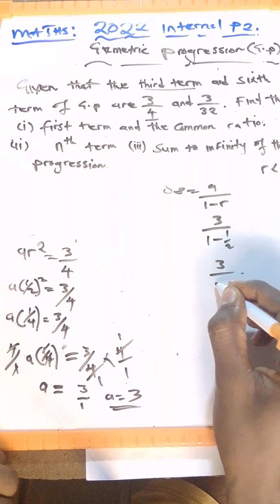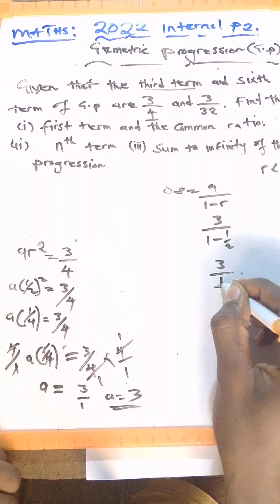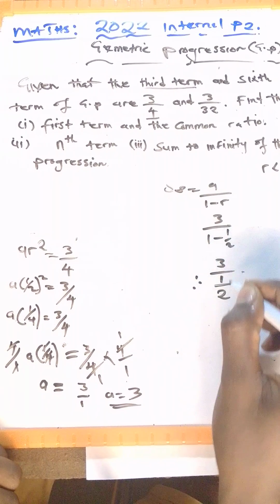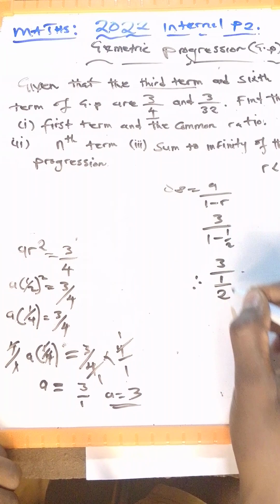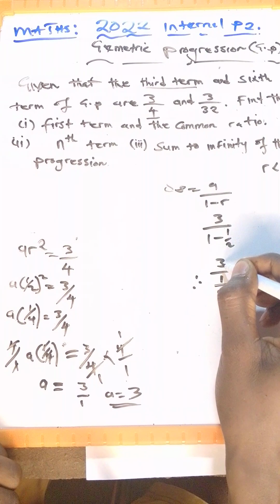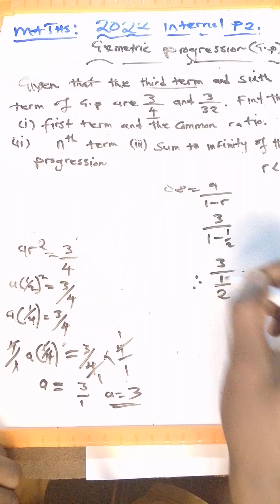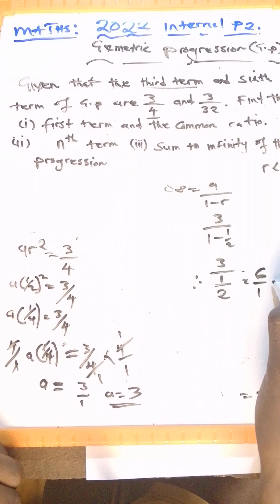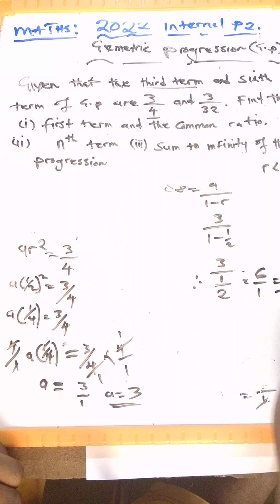So we remain with 1 over 2 like this. So after you subtract there, how do you do this one? It is this 3 times this 2 times 3 over 1. So it will give us 6 over 1, which is equal to 6. So this is our answer.